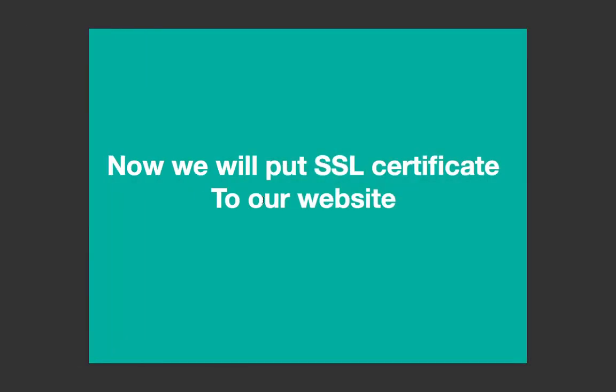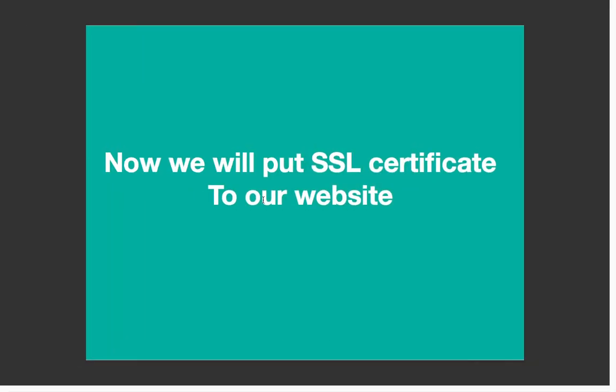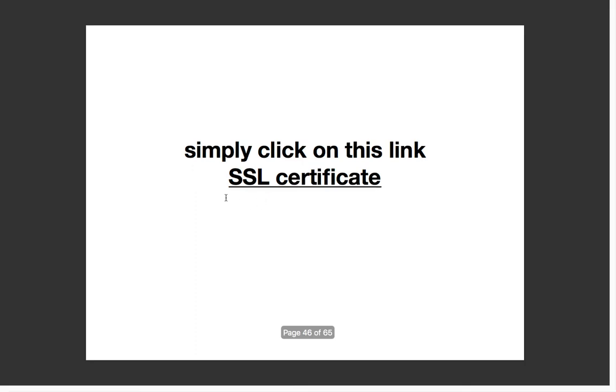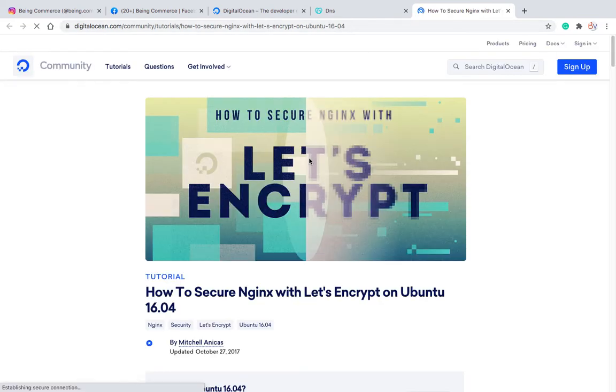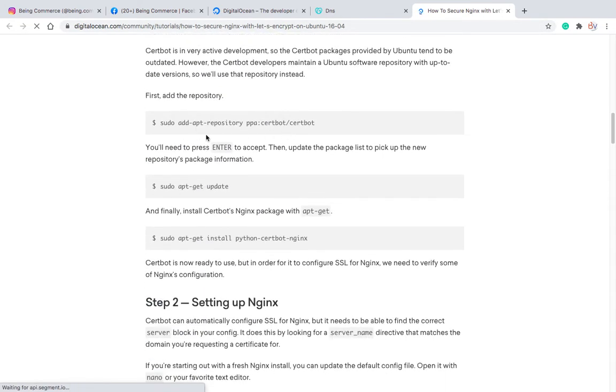All done. Now the last process is how you can install or put an SSL certificate on your website. So it is again a very easy method. What you need to do is simply click here. It will take you to one blog. So now guys, in this blog you will get lots of code.